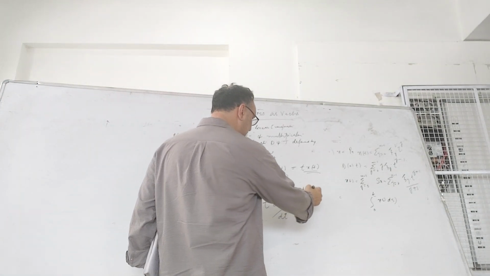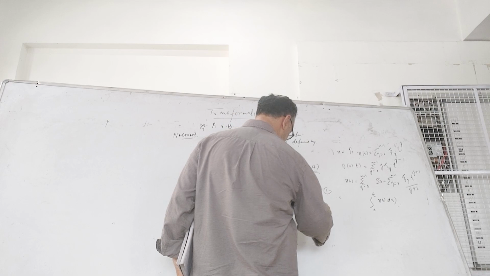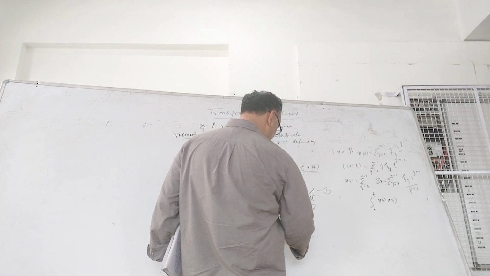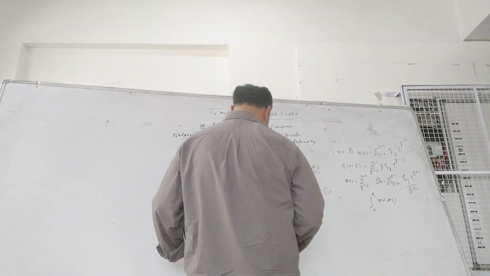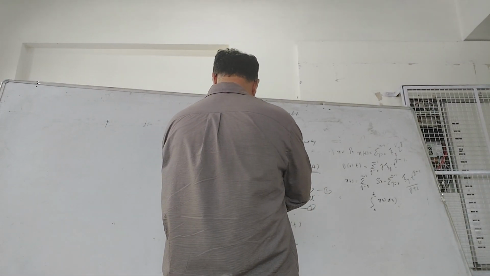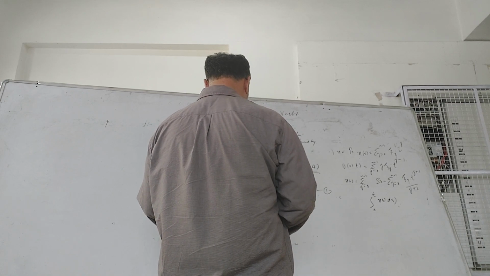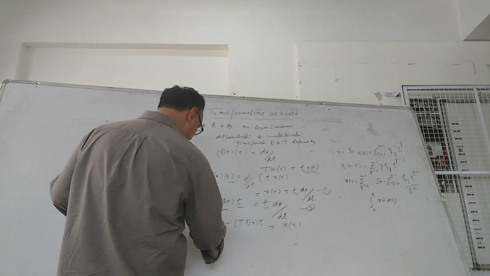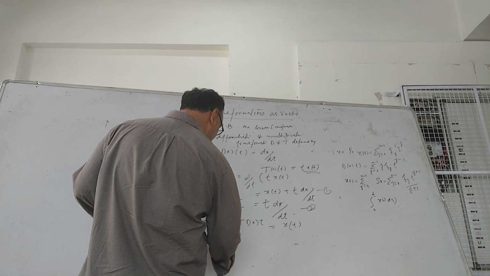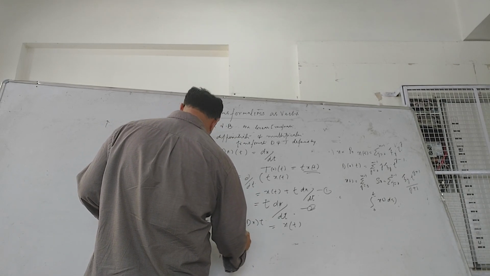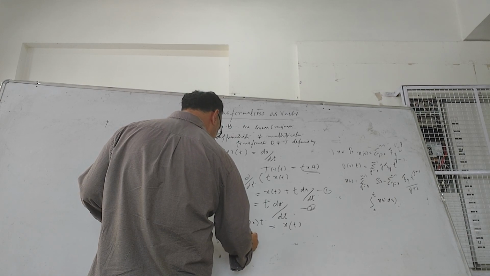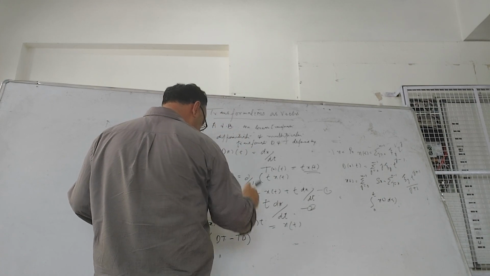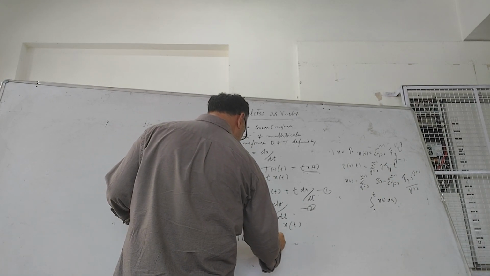You subtract this from this, and this will cancel with this. So DT minus TD into x is equal to x.